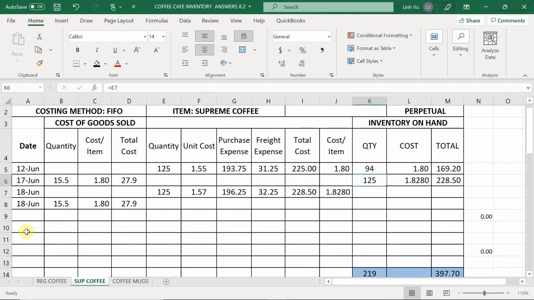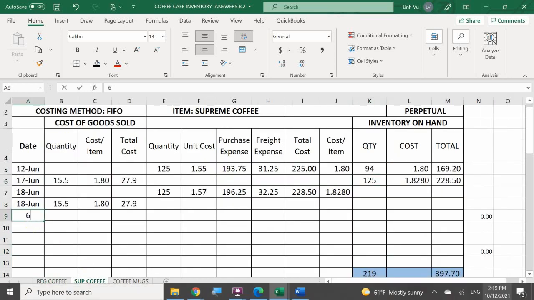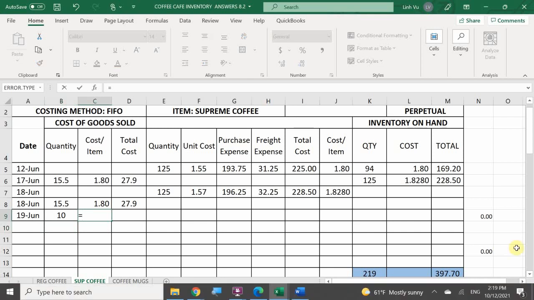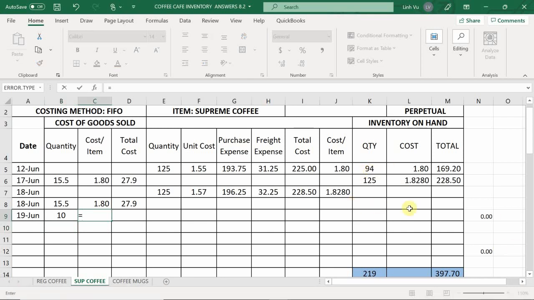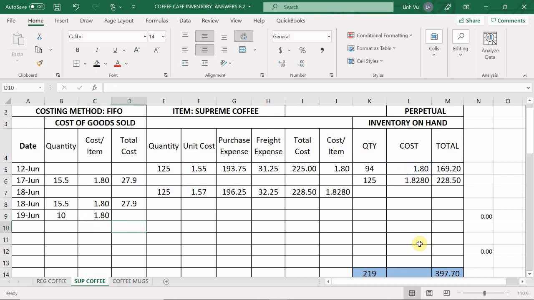Okay, so then we have to do our supreme coffee. We sold 10 pounds. At what price? The first one we still have a 94, so 1.8. So it'd be $18. Good.